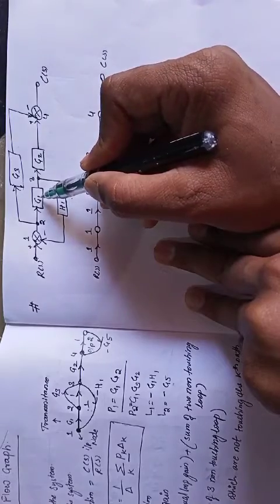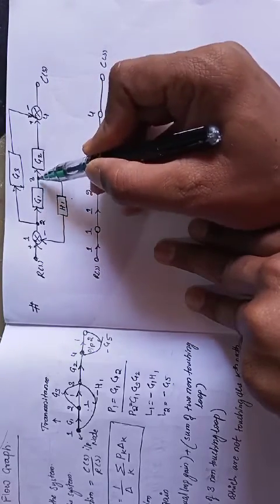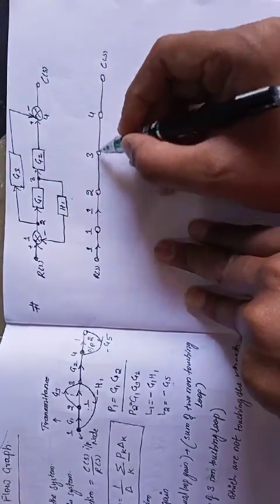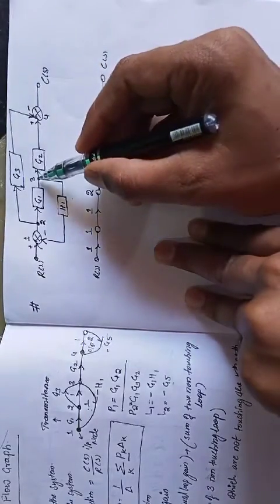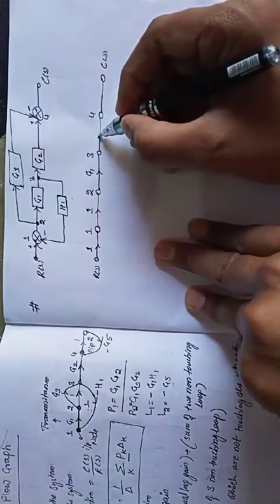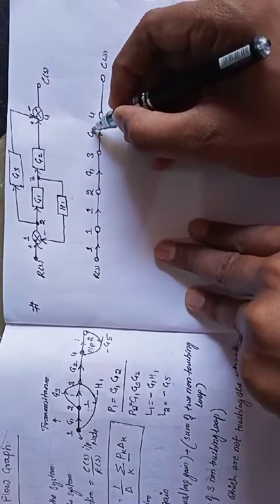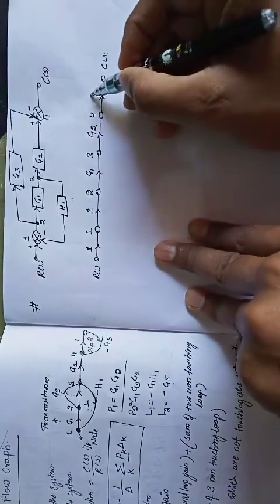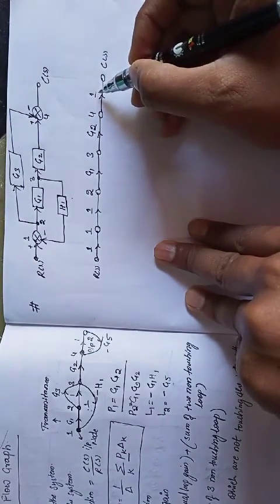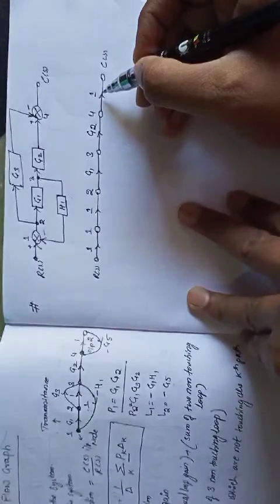And from node 2 to 3, the gain is G1, and from 3 to 4, the gain is G2. This is the forward path. Again from 4 to the output, there are no gain blocks, that I am writing as 1.